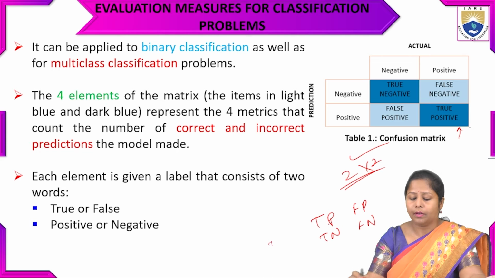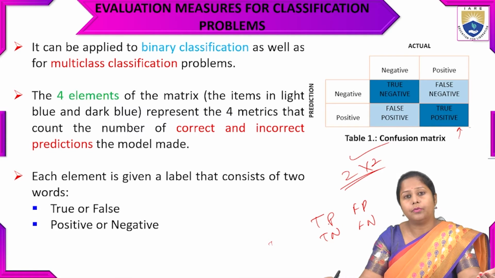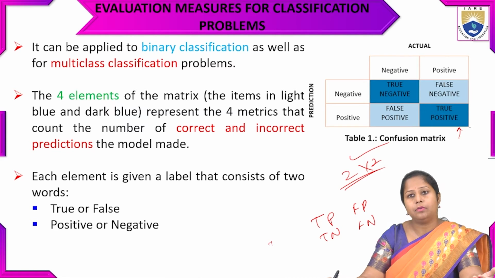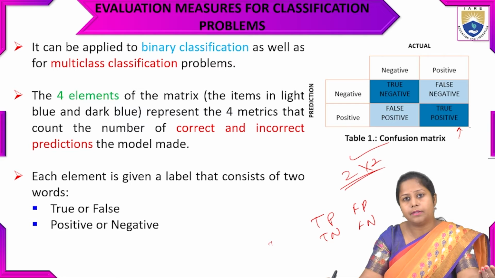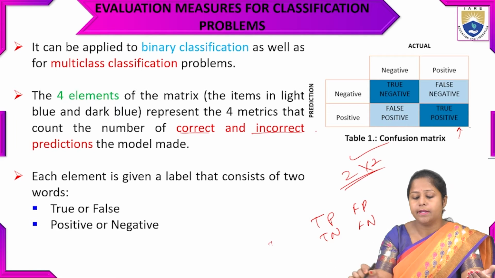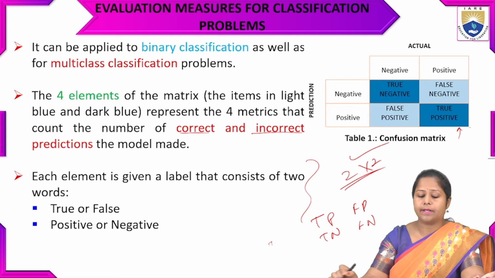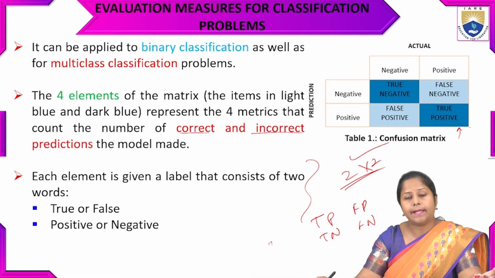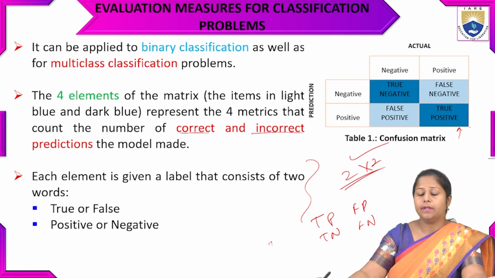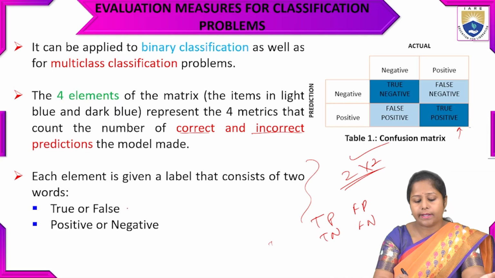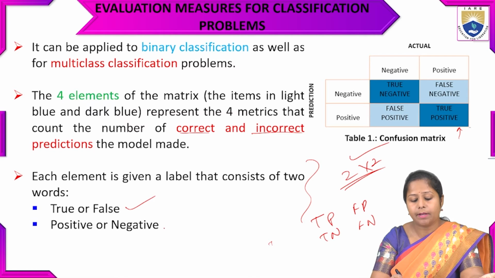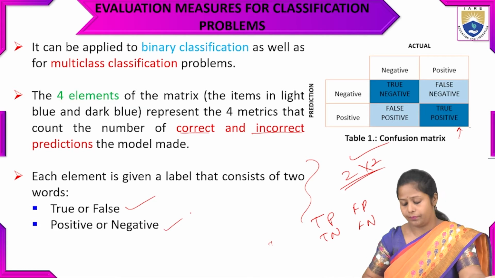These 4 are there to judge what is the correct class and what is the incorrect class. Each element is given a label with 2 words. Sometimes we call it true or false, sometimes positive or negative.